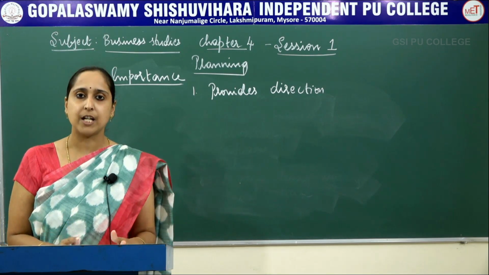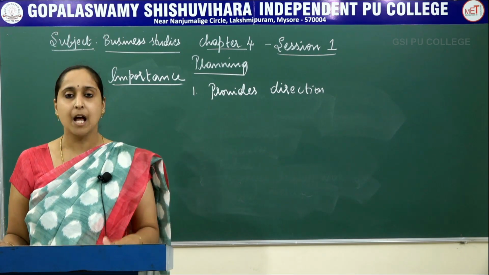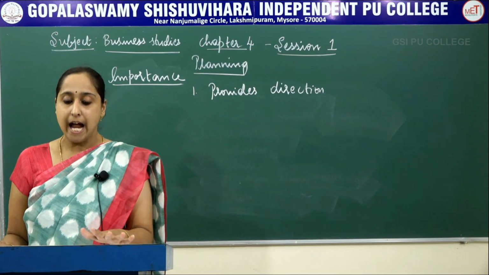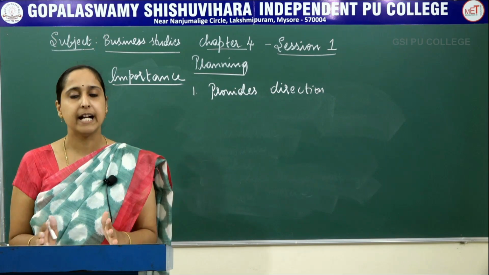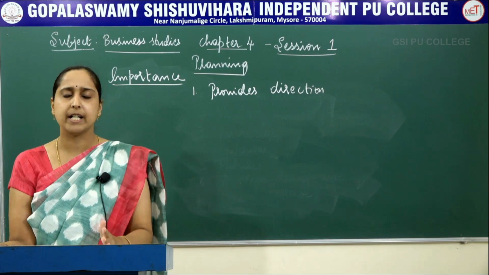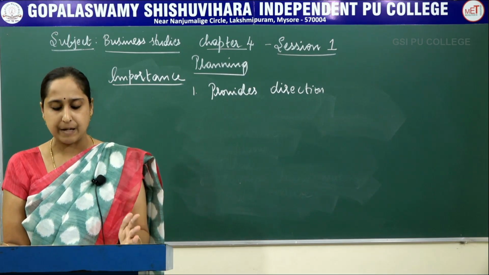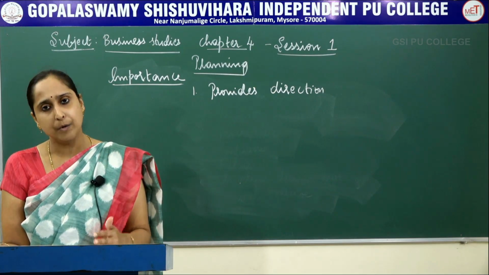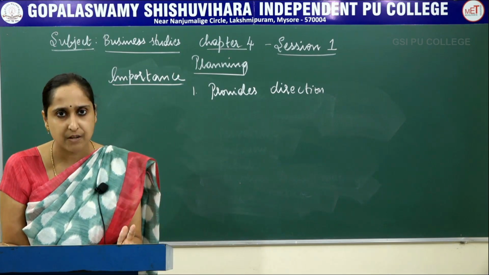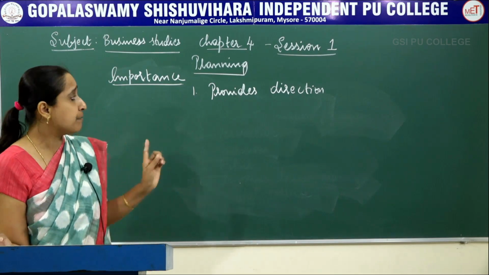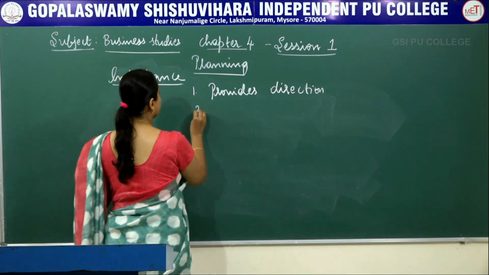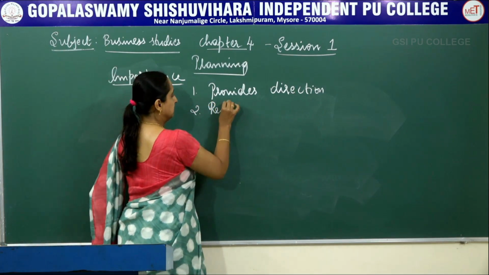So in order to achieve the goals, they should be clearly stated to the employees so that they can easily achieve them. Suppose there is no planning, then employees would be working in different directions and the organization would not achieve its objectives. So planning provides direction.